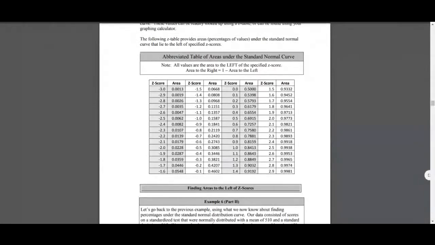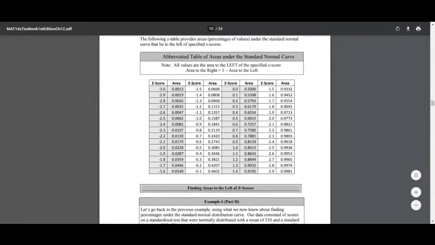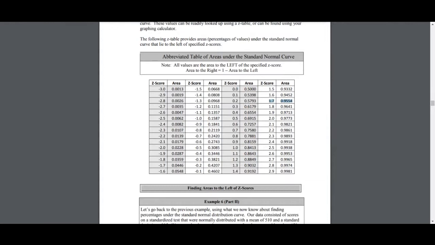So for 1.7, if you looked in the table, it looks like it's here. See if I can highlight it. You can see there it's 0.9554. So the area under the standard normal distribution to the left of 1.7 is 0.9554.